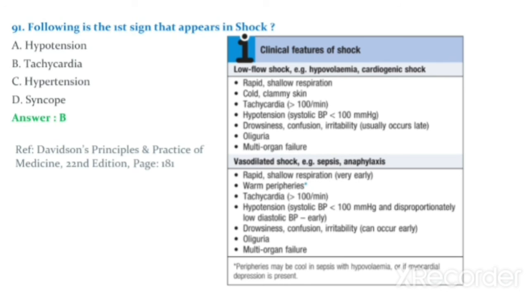Drowsiness, confusion, and irritability can occur early. There is oliguria and multi-organ failure. Peripheries may be cool in sepsis with hypovolemia or if myocardial depression is present.